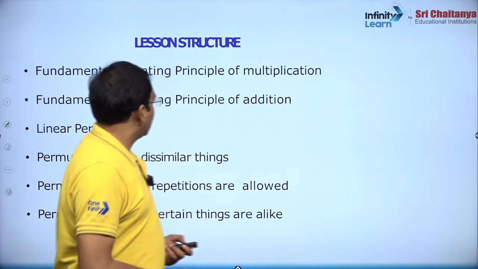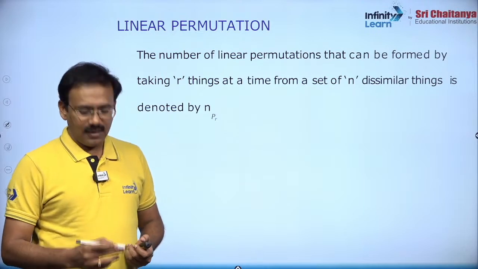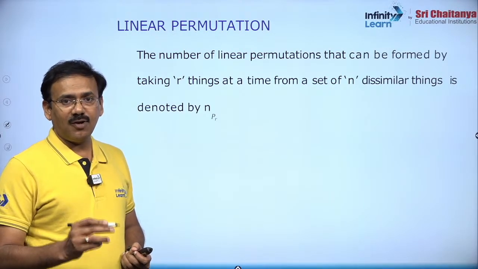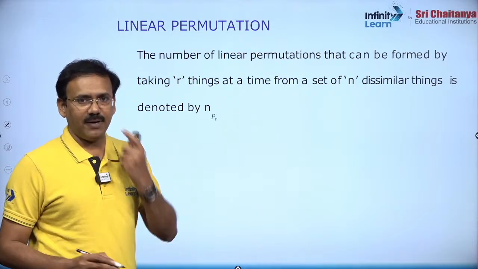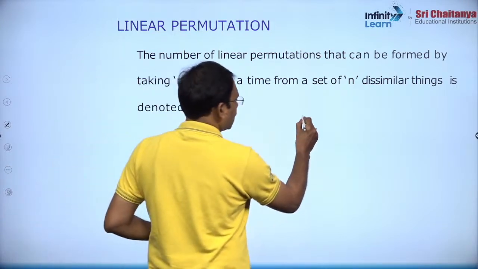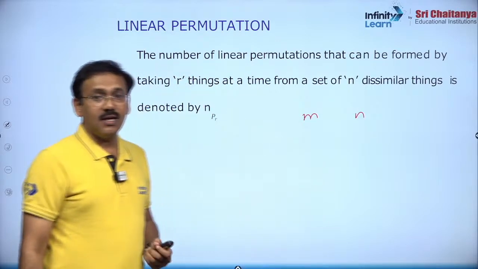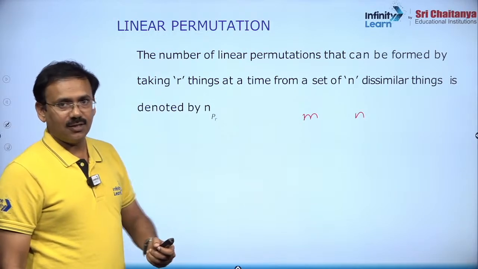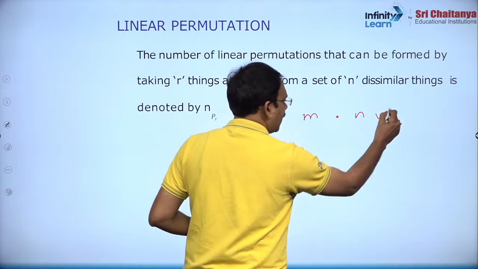You see, dear students, what is a permutation? Before that, I want to recall the fundamental counting principle of addition as well as multiplication. Suppose there are two works. The first work can be done in m ways, the second work can be done in n ways. Now, if I want to do both the works one after the other, the number of ways is m into n ways.